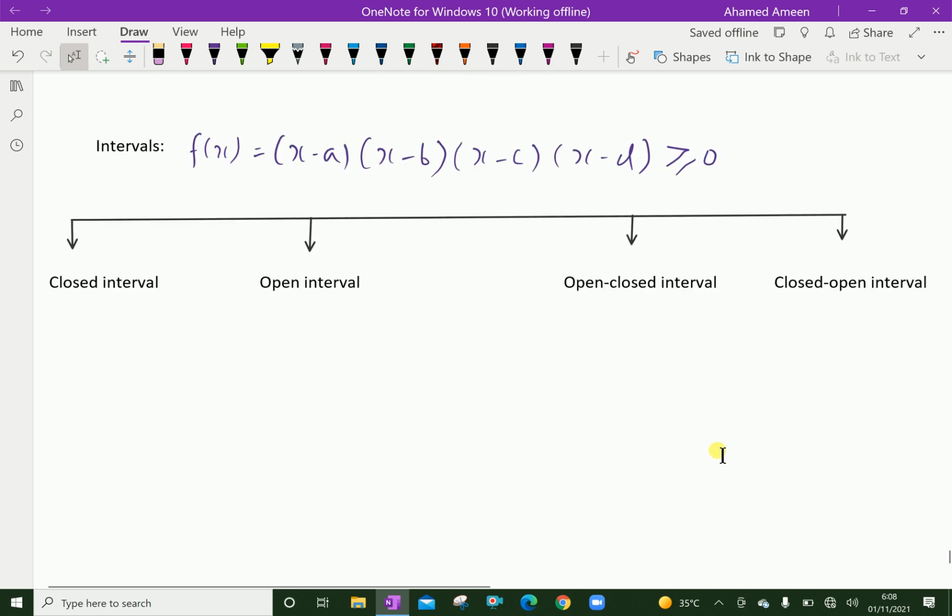Here, if a is lesser or equal to x, lesser or equal to b, it is a description of a closed interval.